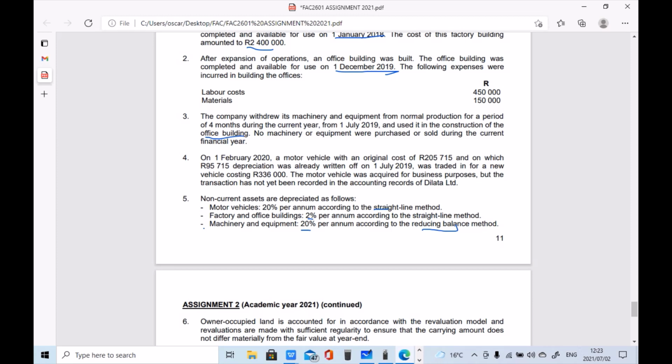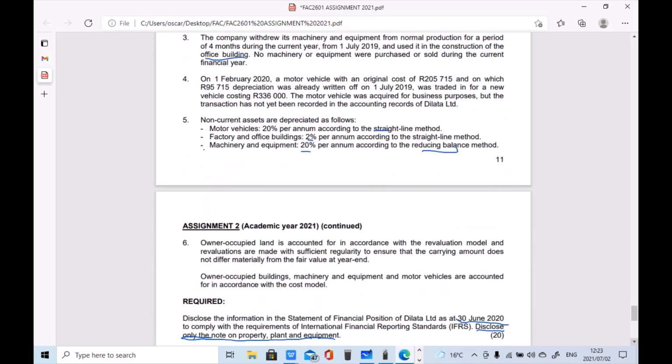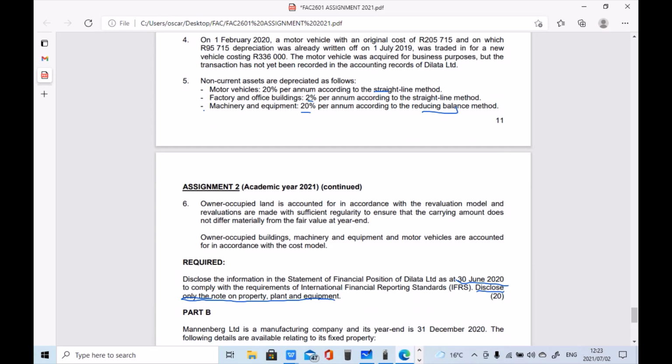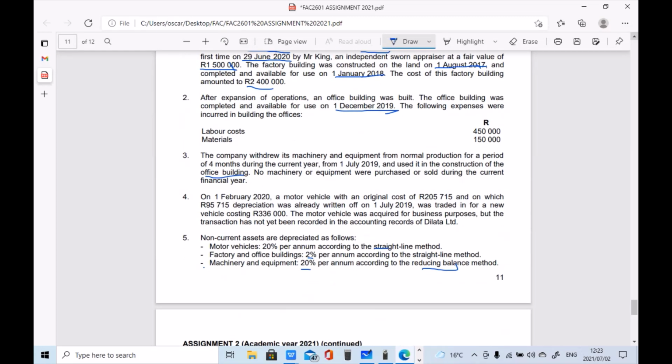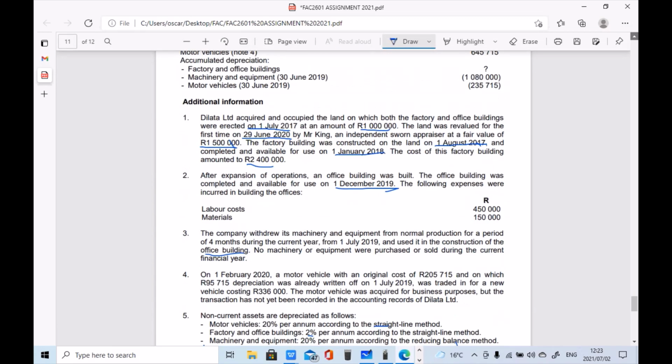So December 2019 up to the end of the current financial year. Our current financial year ends on 30 June, so we're calculating December to 30 June: December, January, February, March, April, May, June. That's 7 months.